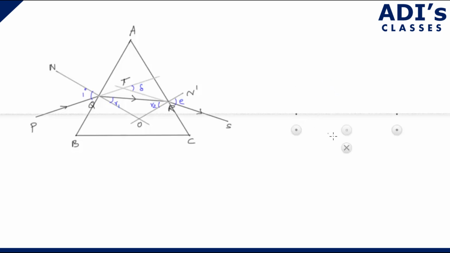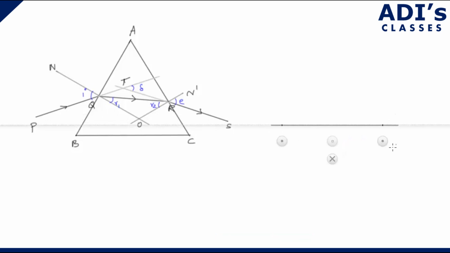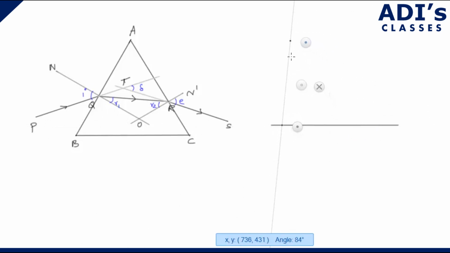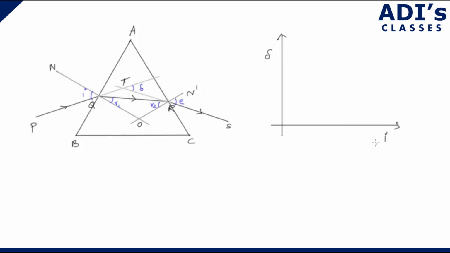So we draw a graph. Let's write the x-axis and y-axis. The y-axis is the value of delta, and the x-axis is the incident angle. As we change the incident angle, what happens to delta?